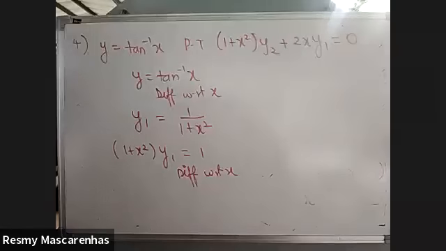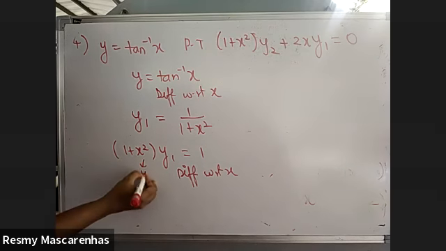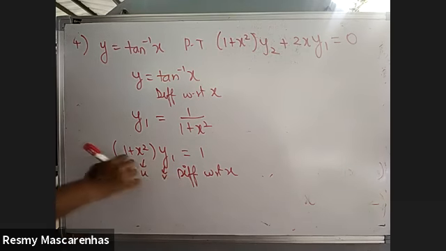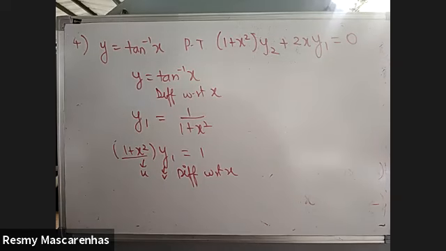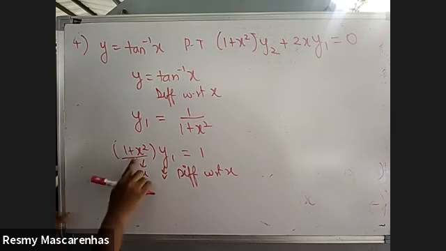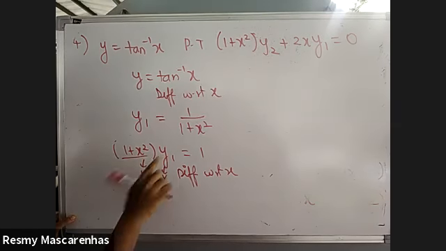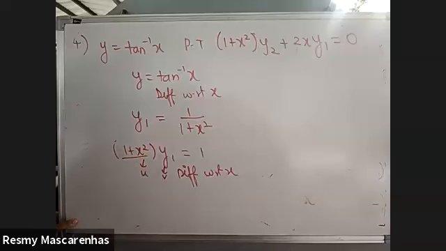So second time you have to differentiate. And now when you are differentiating the second time, this is like the u into v formula. This part is u and this is v. So follow the u into v formula: u into derivative of v plus v into derivative of u.